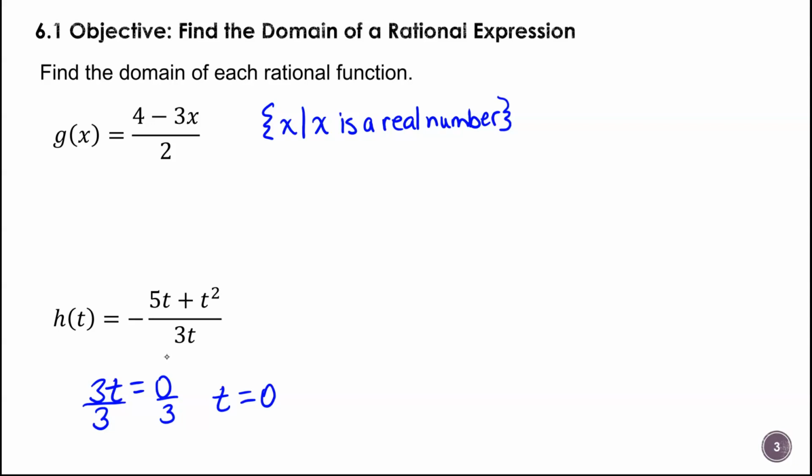So for the h function, I'm going to say t, because t is the variable here, and t is a real number and t is not equal to 0. So with this, I'm saying all real numbers except for 0 are in my domain. So we've written set builder notation to talk about the domain for these two functions.